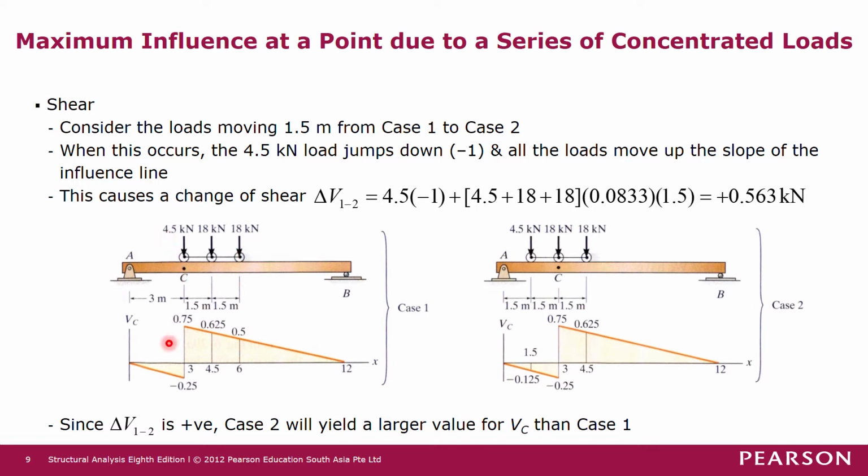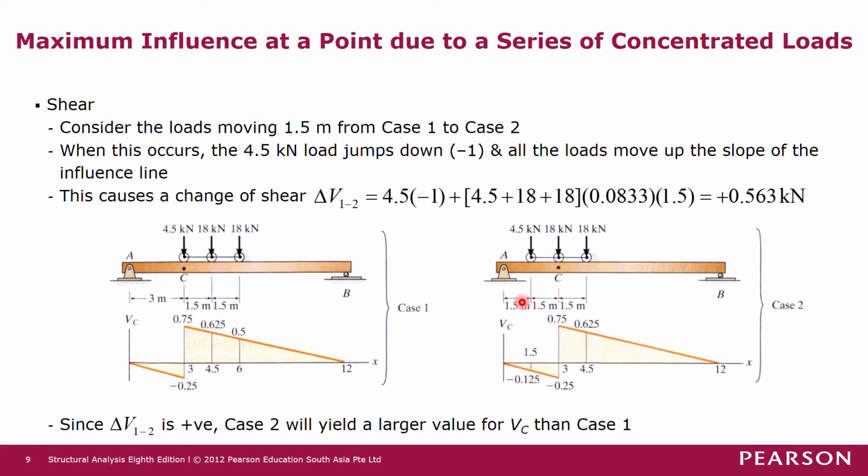So when this 4.5 kilonewton force is just to the right of point C and it moves here, it experiences a jump of -1, and then it moves up the slope again by 1.5 meters to the left.